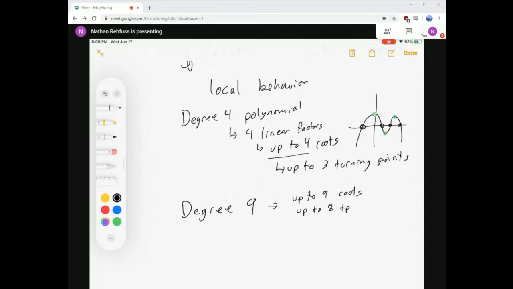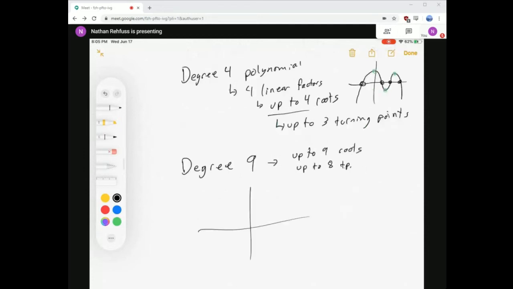So a degree 9 polynomial could look like 1, 2, 3, 4, 5, 6, 7, 8, 9. Oh, right, it doesn't draw as I count, but I counted out 9 roots, right? So the roots, 1, 2, 3, 4, 5, 6, 7, 8, 9.